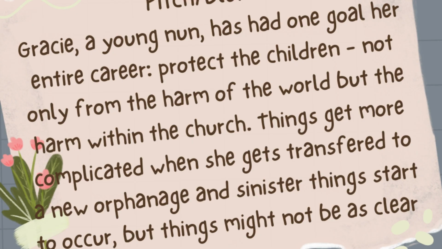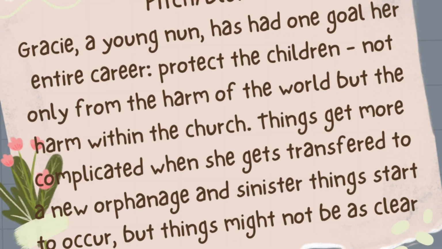Hi guys, editing Ray here. I'm going to give you the blurb of my book that I was able to create thanks to the points that I've already pointed out, thanks to the 10 finger pitch. So in this case, a first draft of my blurb will be: Gracie, a young nun, has had one goal her entire career: protect the children, not only from the harm of the world, but the harm within the church.